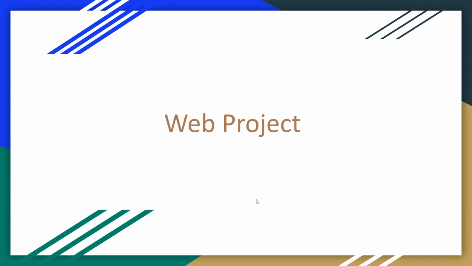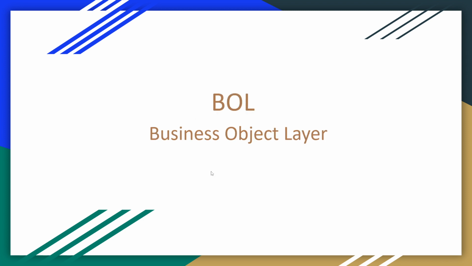In today's session, basically I will add a web project, and for this web project, I will then add different kinds of layers. I will add the business object layer. By the business object layer, we mean that we will define all our classes, I mean C# classes, C# objects, or you can say C# entities in this layer.